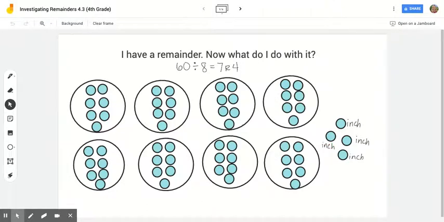So we'd actually have to split these in half. And then each of the circles would get one of the little halves, right? So this would be like the little half right here. So now you could actually see that we are going to have a fraction.